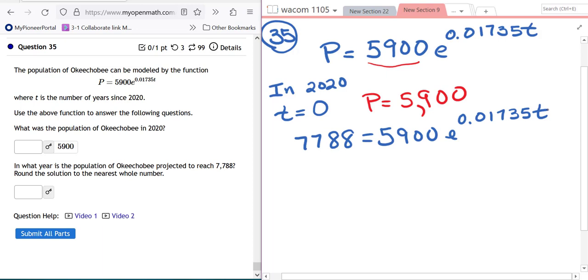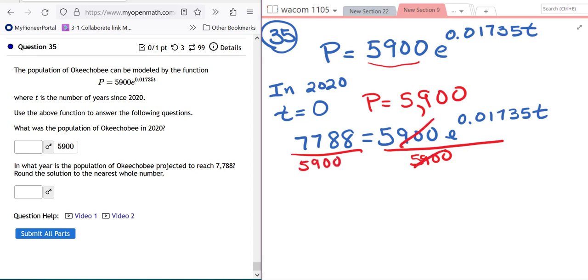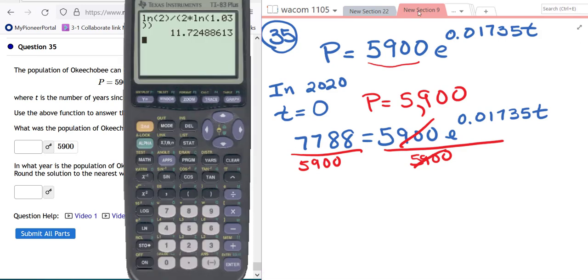All right, so before we can solve by taking the logarithm of both sides, we need this piece with the exponent all by itself. So we need to get rid of the 5,900. It's multiplied, so we're going to divide. All right, so this we're going to put in our calculator and get a decimal. So 1.32, that's a lot easier to work with.